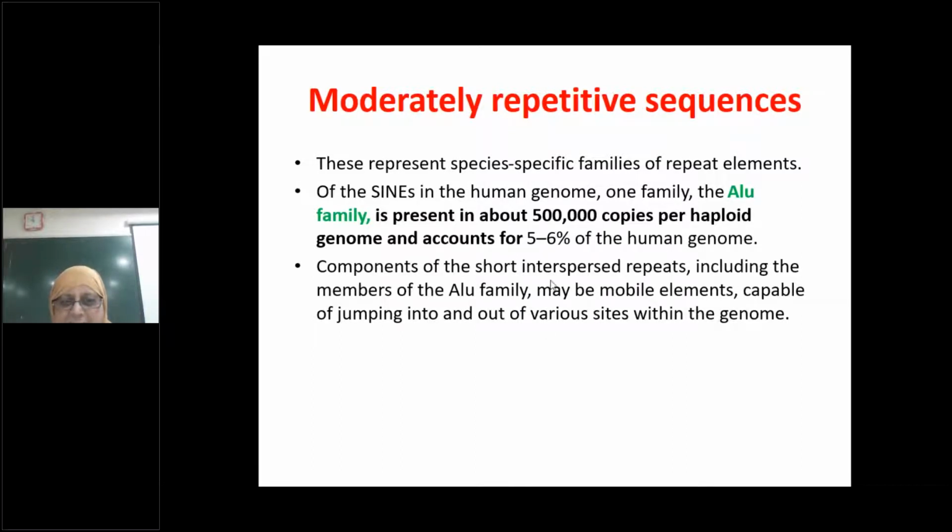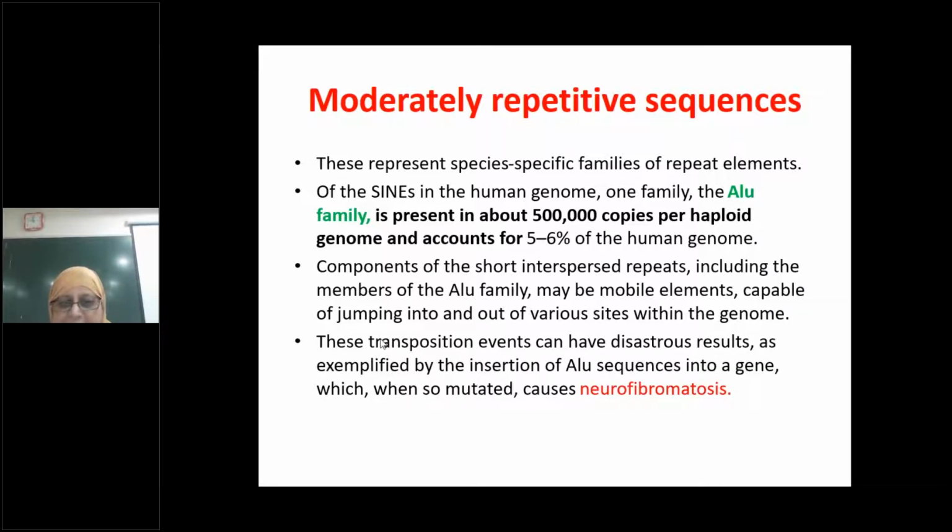It has been said that the SINE repeats, which include members of the Alu family, are capable of jumping into and out of various sites within the genome. And if these mobile elements are inserted into a gene, they may have disastrous results, or result in mutations. An example of mutation through insertion of an Alu sequence in a gene is a condition known as neurofibromatosis.